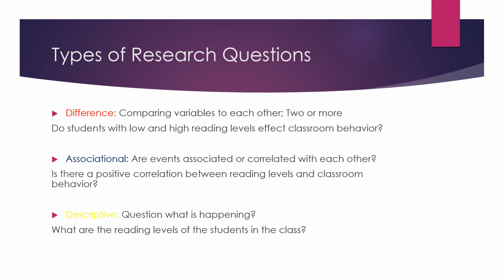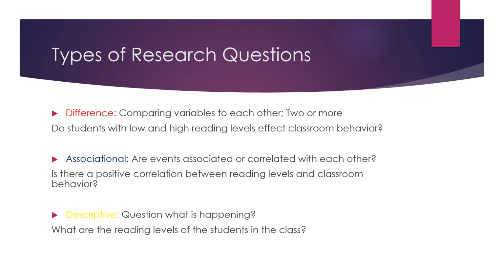The next type of research question is called associational. Associational is, are events associated or correlated with each other? For example, is there a positive correlation between reading levels and classroom behavior?